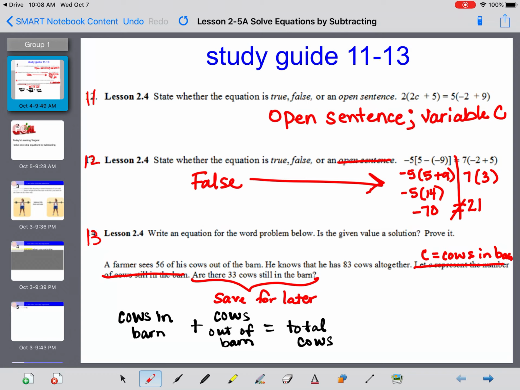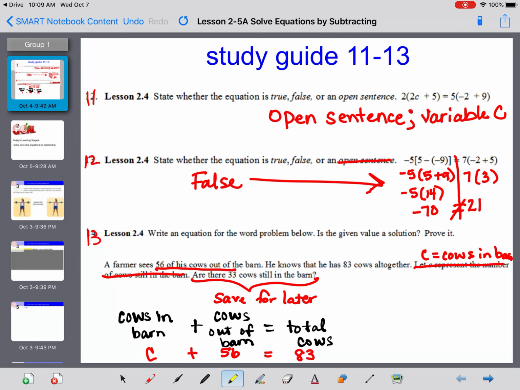So in solving that, now I want to replace these words with numbers or variables. He has 56 cows out of the barn. So 56. He has 83 cows altogether. That's total cows. And C cows in the barn. So I can use the expression C plus 56 equals 83.